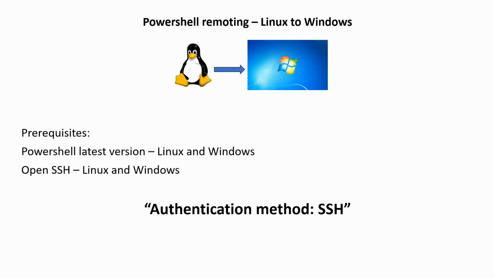So basically, the authentication between the Linux machine and Windows machine is SSH. I mean, the connection will establish between these two machines with the authentication method of SSH. Let's go to demo now.